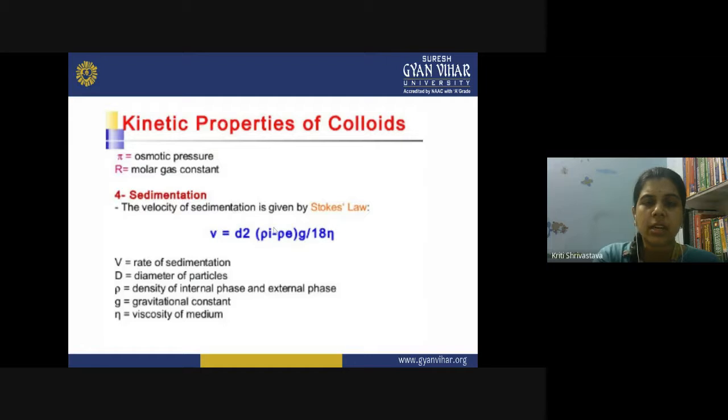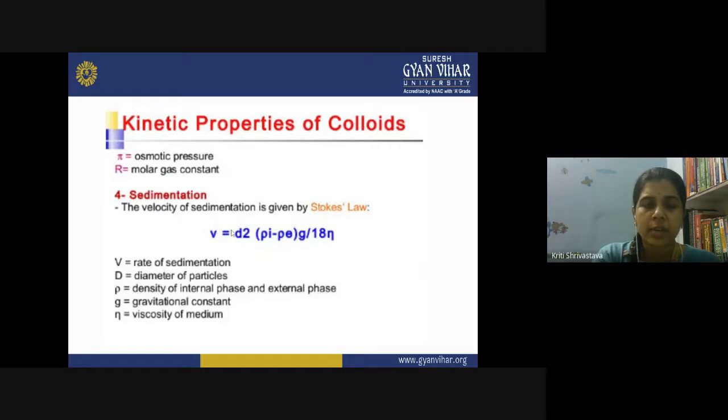So from this equation you can see that the rate of the sedimentation actually depends upon the density of the medium, the viscosity of the medium, and the diameter of the particle. All these become very important factors when you are looking at the sedimentation of the particle. This equation is derived from the Stokes law, and you can apply it for calculating different important properties of colloids.